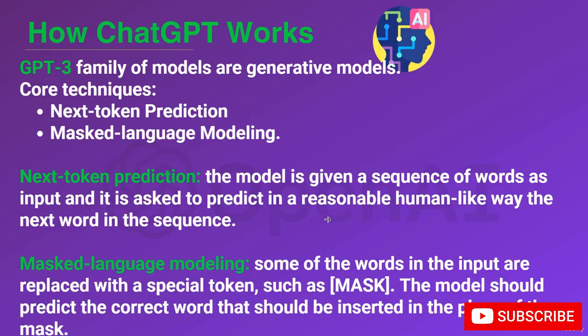And the masked language modeling approach is a variant of the next token prediction in which some of the words in the input sentence are replaced with a special token, such as [mask]. The model is then asked to predict the correct word that should be inserted in the place of the mask.